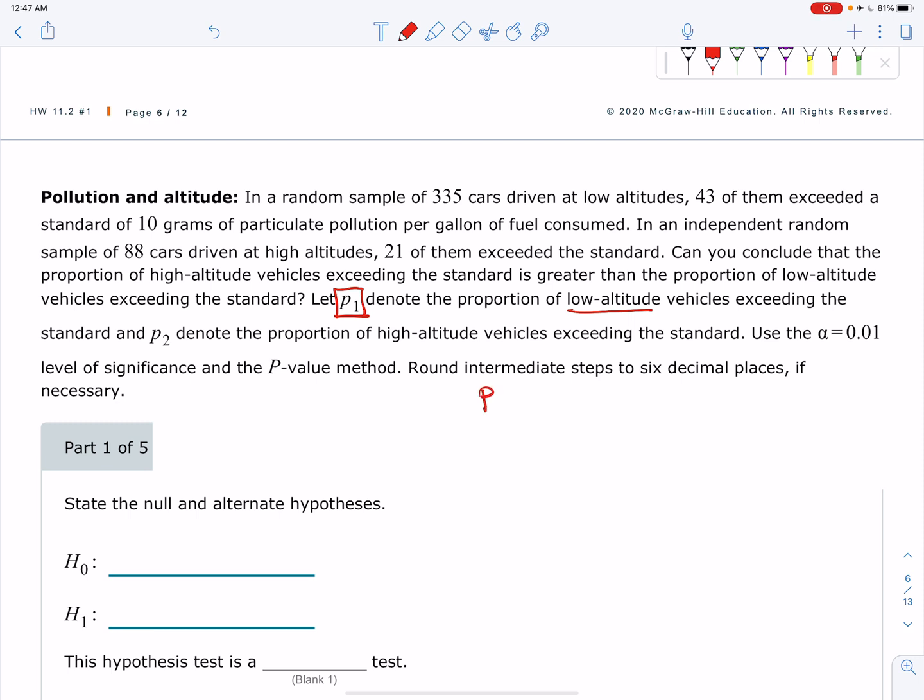So P sub 1 is our low altitude vehicles that exceed the standard, and P sub 2 denotes the proportion of high altitude vehicles that exceed the standard.